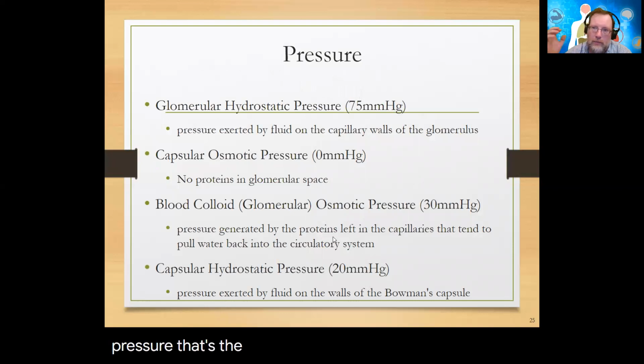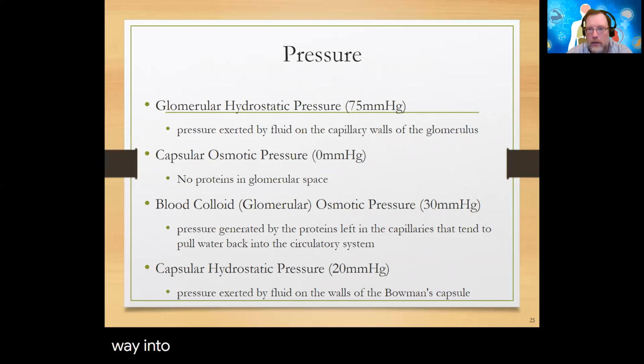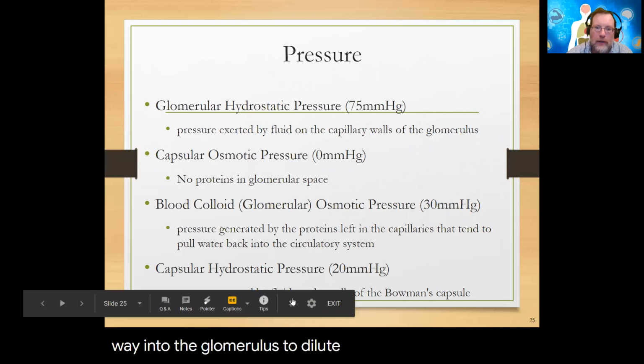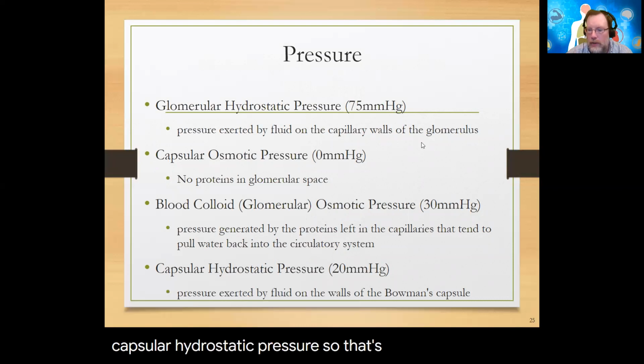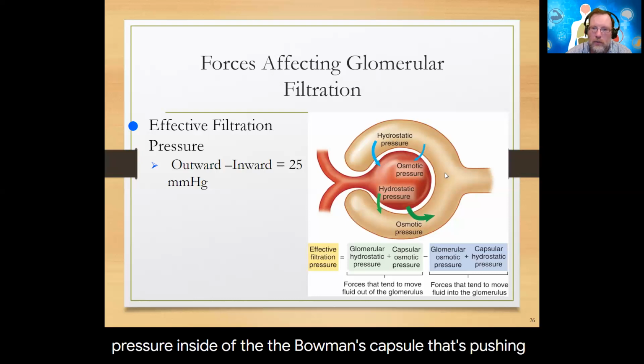That's the pressure coming from the Bowman's capsule and that capsular space trying to push or force its way into the glomerulus to dilute the area. And then we have capsular hydrostatic pressure. Okay, so that's going to be the pressure inside of the Bowman's capsule that's pushing against the wall.